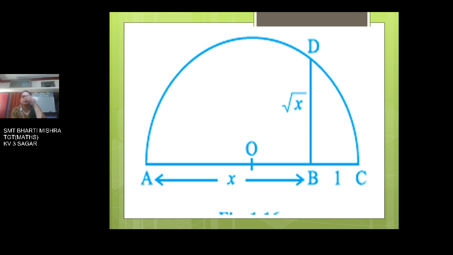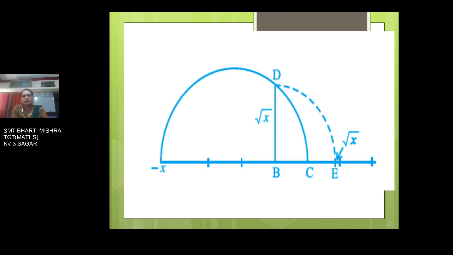After this you will mark the midpoint of AC, that is O, then keeping O as the center and OA as the radius, complete the semicircle. After that, at point B, draw a perpendicular. This perpendicular from B touches the circumference of the semicircle at D, and this distance BD represents the square root of x.